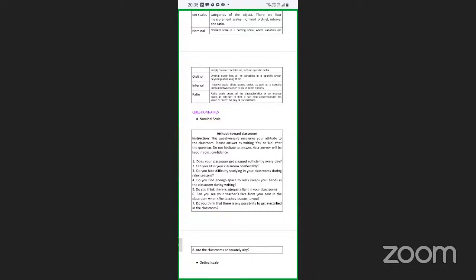Since they are the children of primary education, they cannot judge the difference between 1, 2, 3, 4, 5.